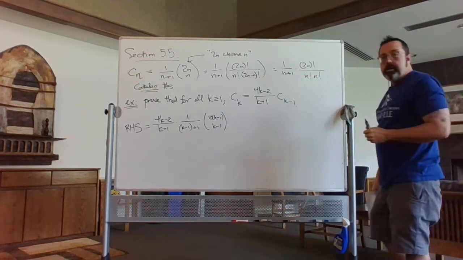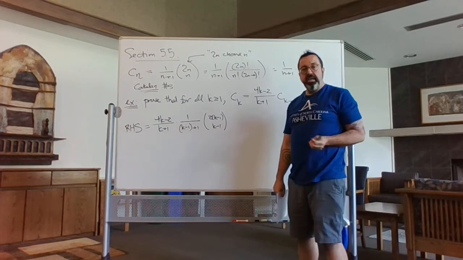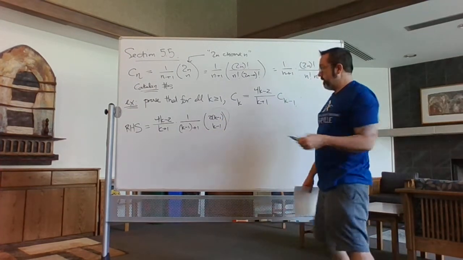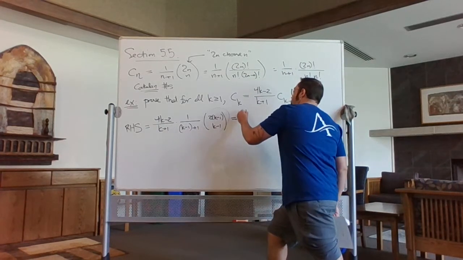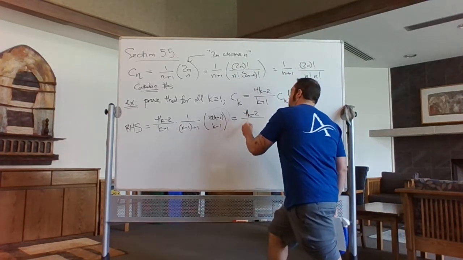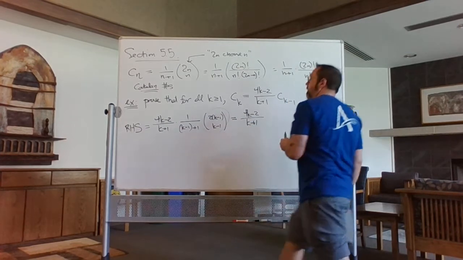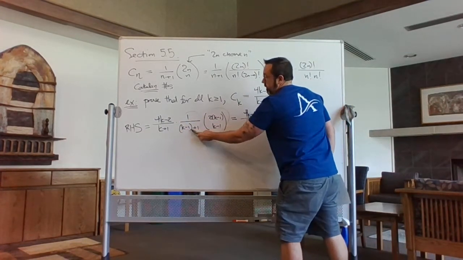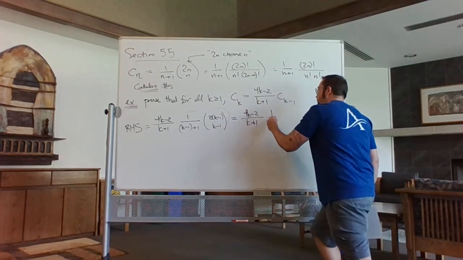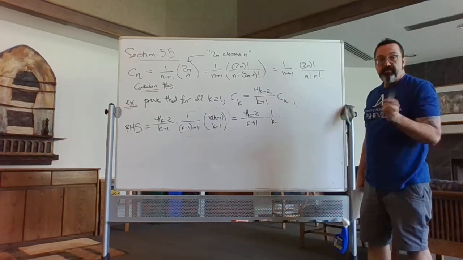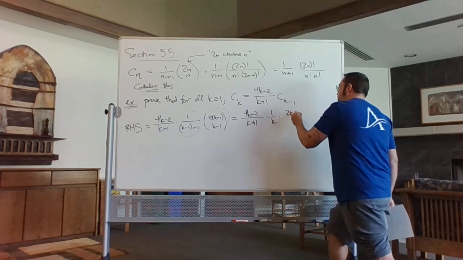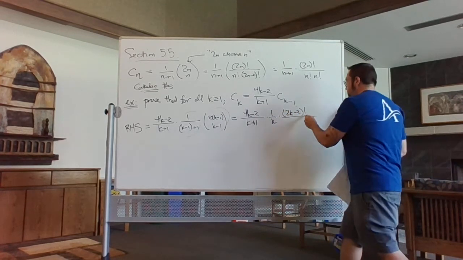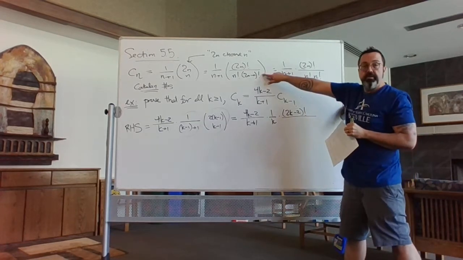All right. And now the next step is to do a little simplification and to expand this using the definition of binomial coefficients. So we get (4k minus 2) over (k plus 1). We have this term here simplifying to 1 over, well, k minus 1 plus 1 is just 1 over k. And then finally, we expand, just do a little bit of algebra as well, using the definition right here of binomial coefficients.